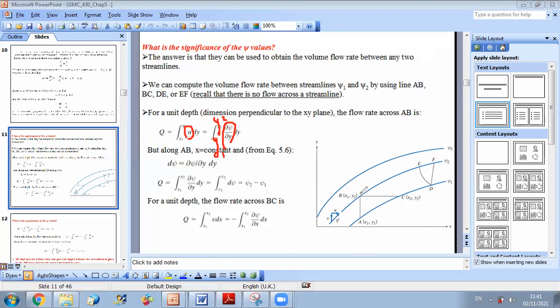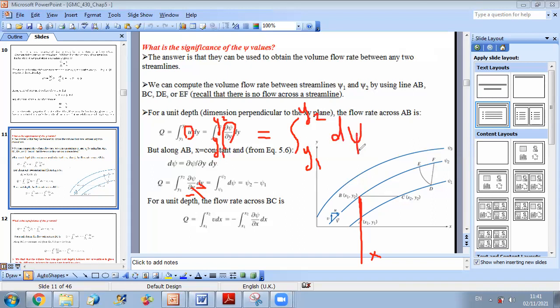Since I am integrating over AB, AB is characterized by a constant value of x. So x is not varying over AB, only y is varying. When y is the only variable, del y and dy can simplify. And therefore, you end up with q equal to integral between y1 and y2 of d psi.